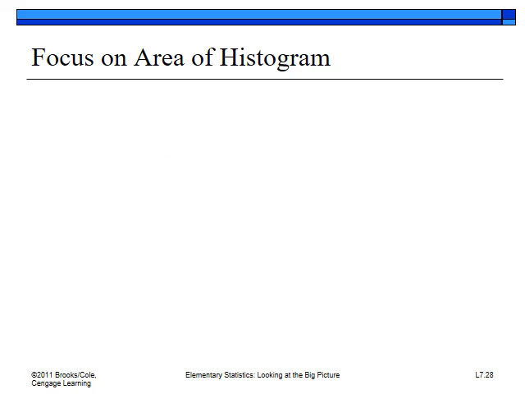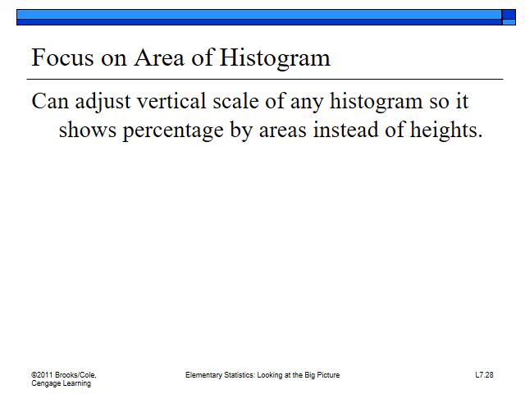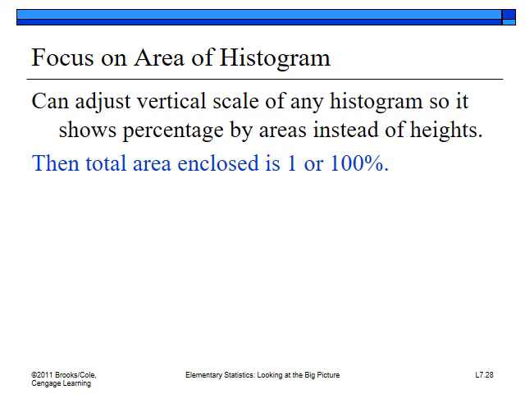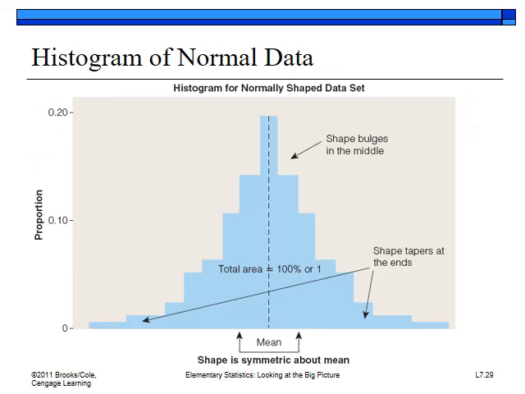When we look at a histogram, we will always scale it so that when we measure areas, we get percentages of responses. That means the total area under any histogram is always 1, or 100%. Here's a histogram of a typical data set that approximately follows a normal distribution.